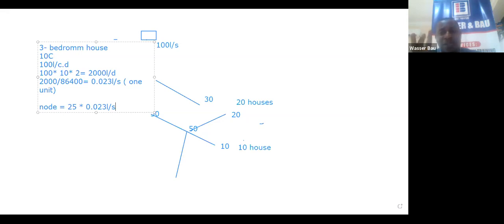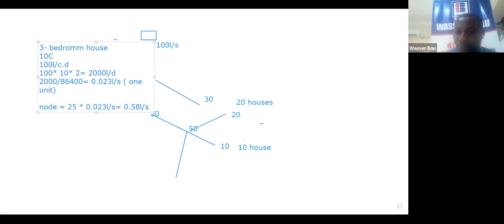It makes perfect sense. Then for 25 houses, we now have to aggregate it. So let me multiply that out. We have 25 multiplied by 0.023, and that will give us 0.58 liters per second.